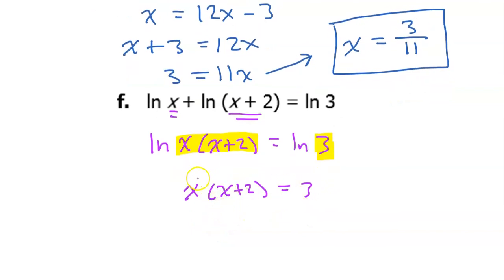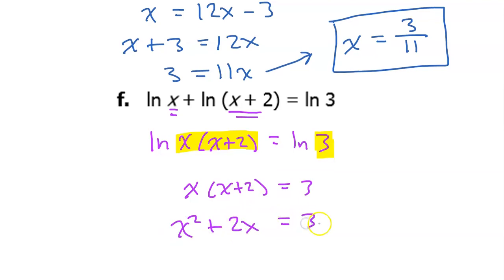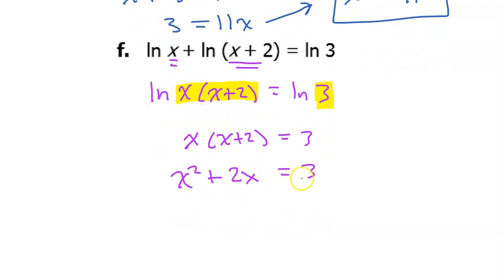Anyway, if I distribute this, I get x squared plus 2x is equal to 3. This looks like we're going to have to do some factoring, so let's get 0 on one side. So we have x squared plus 2x minus 3 is equal to 0.